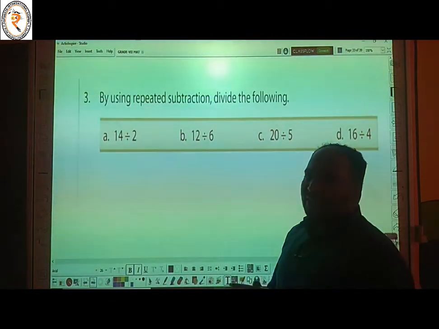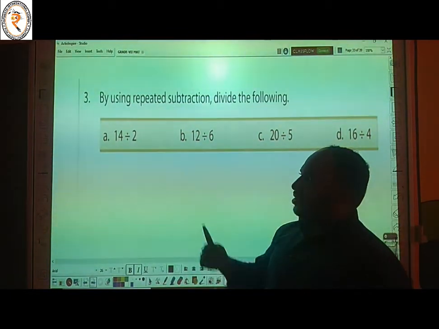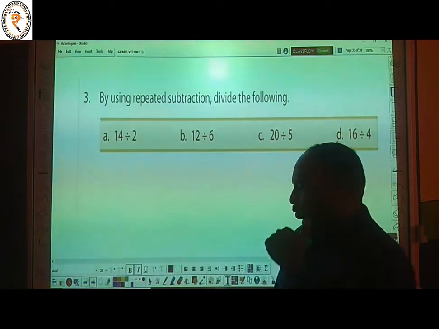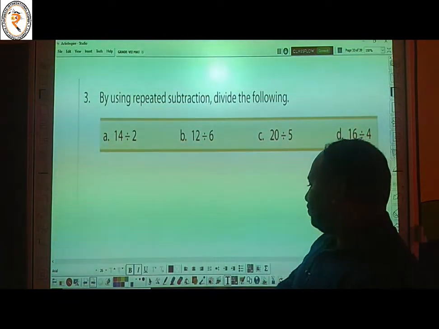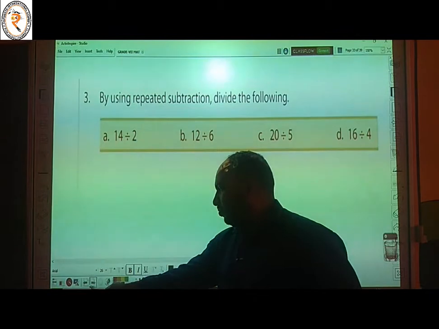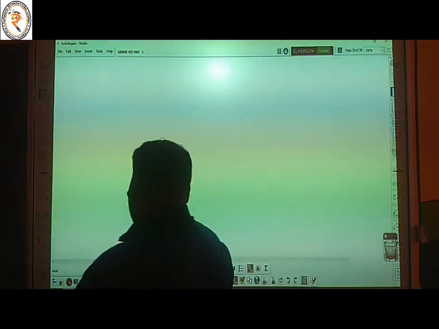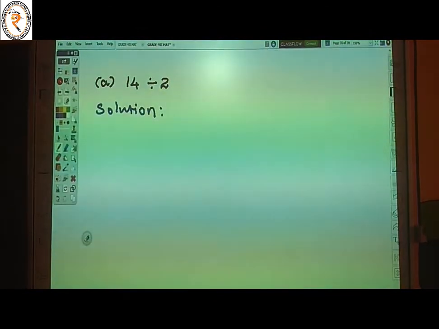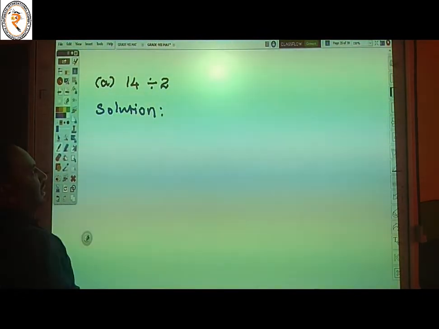We are using repeated subtraction. Our solution is 14 divided by 2.